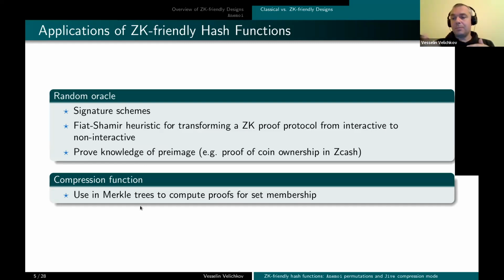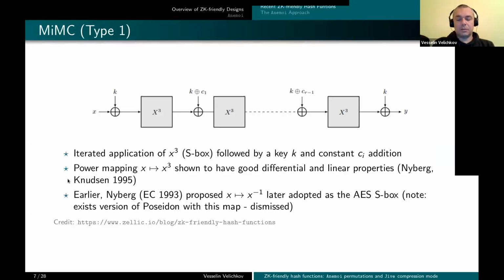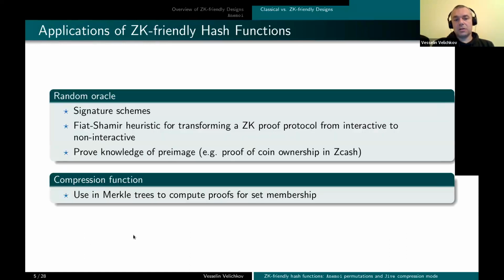And to verify the path, you need to hash all the leaves on the path, right? You take pairs and pairs and pairs, and you hash them all the way until you reach the root. And this hashing is performed exactly by the second application, the compression function, where you can use a hash function essentially.